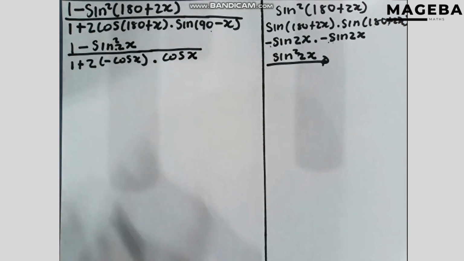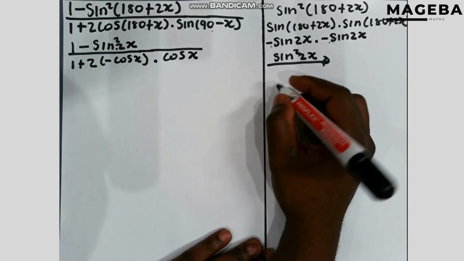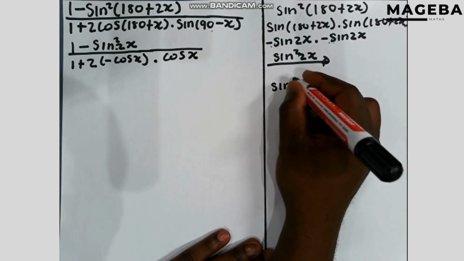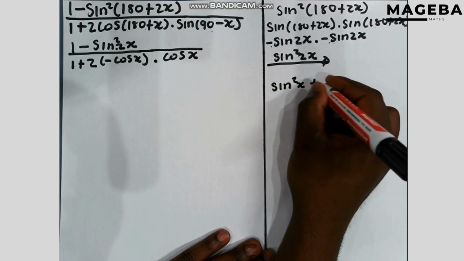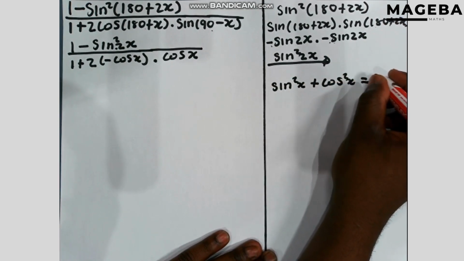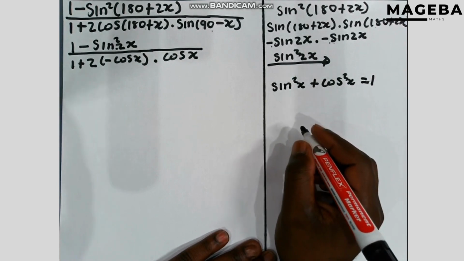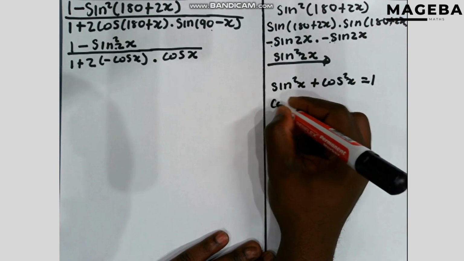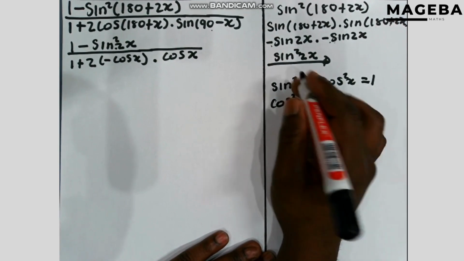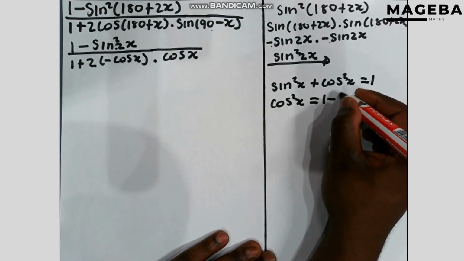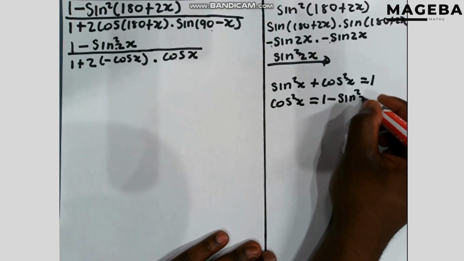Now here, I hope you still remember that sine squared x plus cos squared x equals 1. When we make cos the subject of the formula, taking sine to the other side, cos squared x is just 1 minus sine squared x.